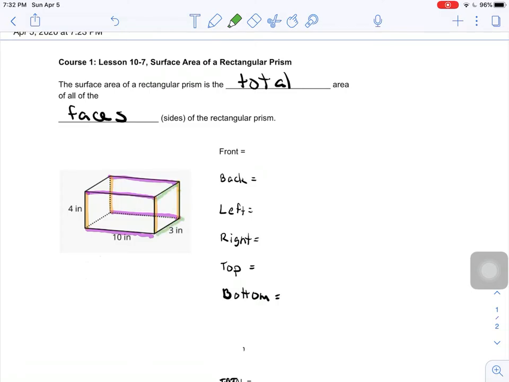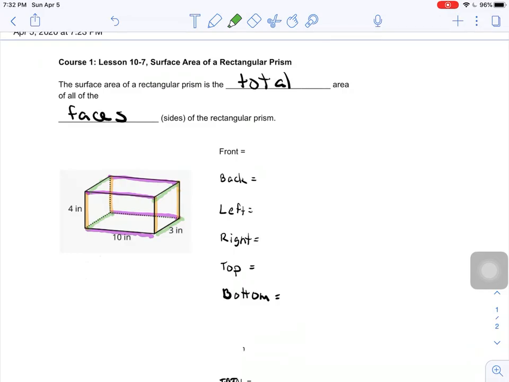So all the other sides running that same direction are also going to be 3 inches, even though they're not labeled. So all the purple sides are the same length, all the green sides are the same length, and all the orange sides are the same length. So I labeled it just to make it a little easier to keep track of, and I'm going to be using that labeling as we walk through this example too, just to help you keep track of what pieces of our rectangular prism or our box we're looking at.